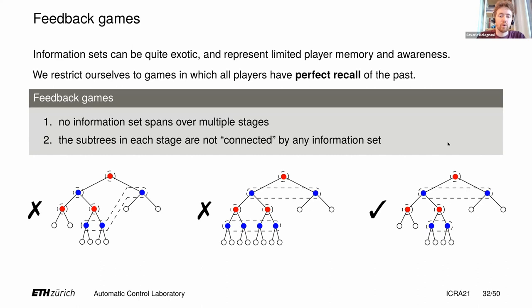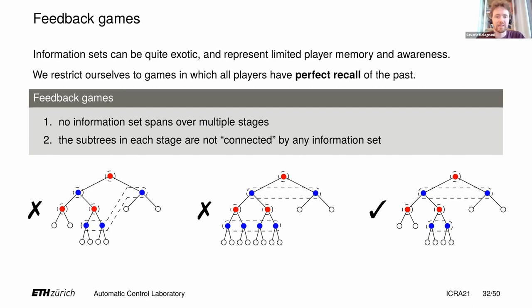The one assumption which is key in making multi-stage games tractable is the definition of feedback games. Information sets in general can be really exotic, like they can represent players that don't even remember what happened in the previous stage and so on, right?